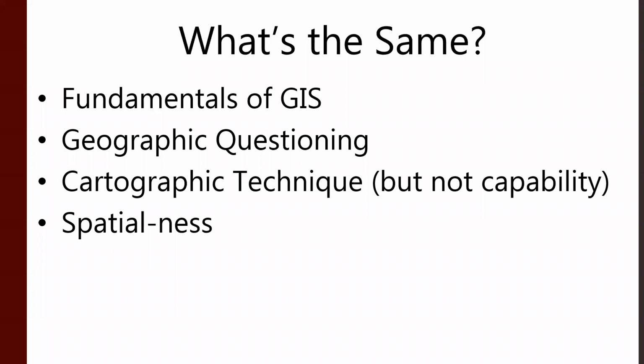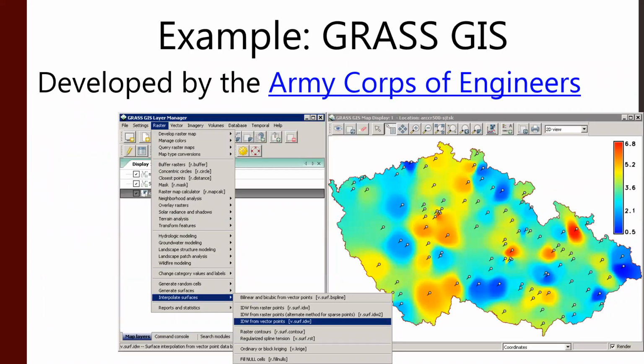So let's consider a couple of open source places you might be doing your GIS next, or maybe you're doing it there now. Awesome. Learn another GIS. Very popular one is GRASS. GRASS was developed by the Army Corps of Engineers. You do a search on YouTube for GRASS GIS video, you'll see who's there.